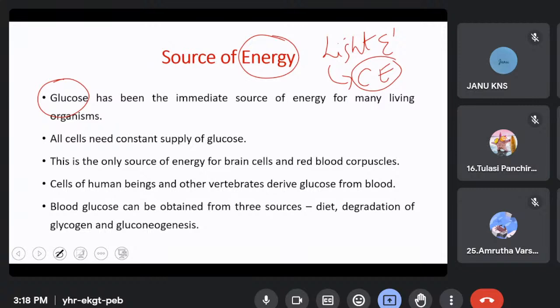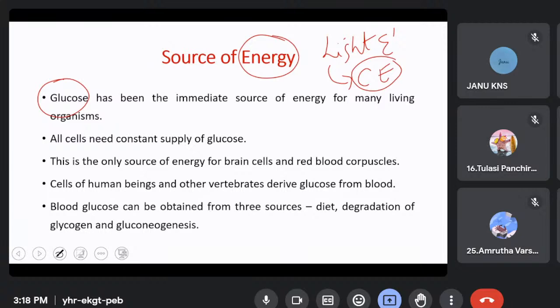Thus, for all the living organisms, glucose is synthesized by the plants. Plants are eaten by herbivores, herbivores are eaten by carnivores, and herbivores, carnivores, as well as plants, are eaten by omnivores.